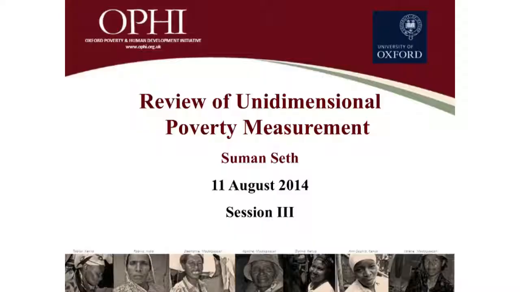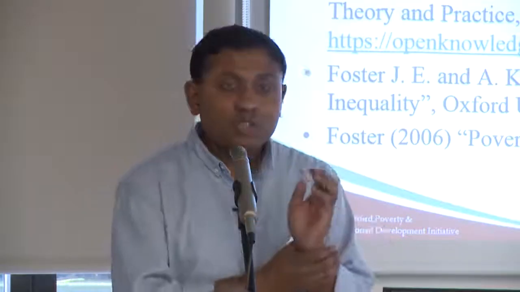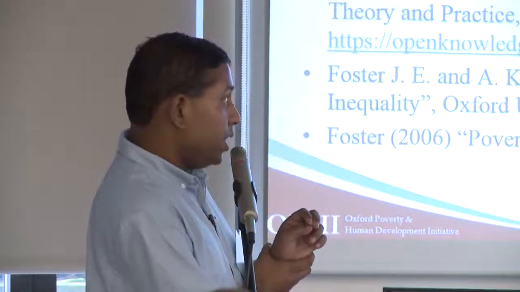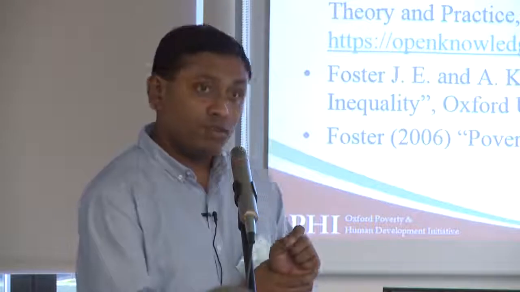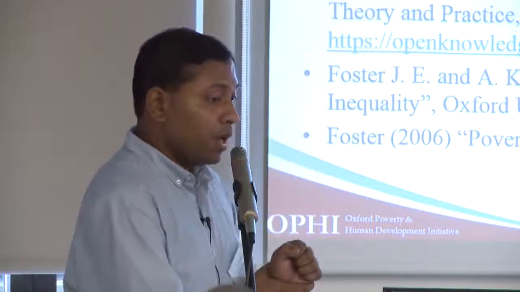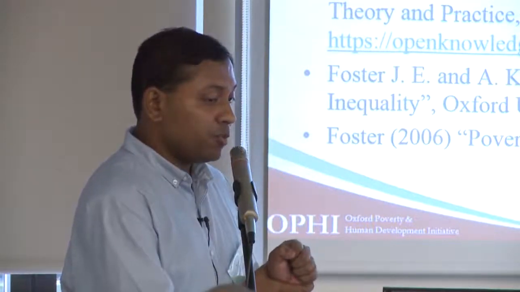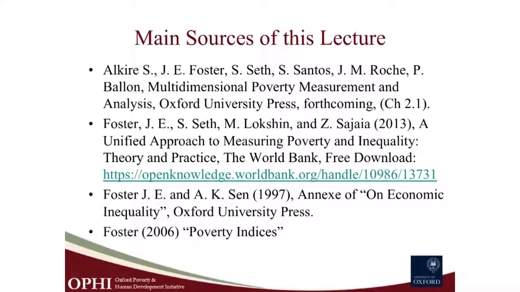So this is a review of unidimensional poverty measurement. The sources: mainly we shared with you chapter 2 of the book on multidimensional poverty measurement and analysis, written by OPHI colleagues.